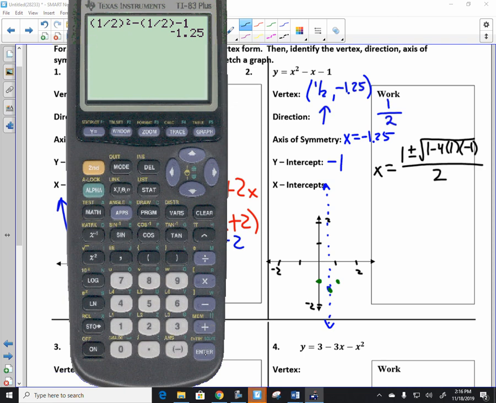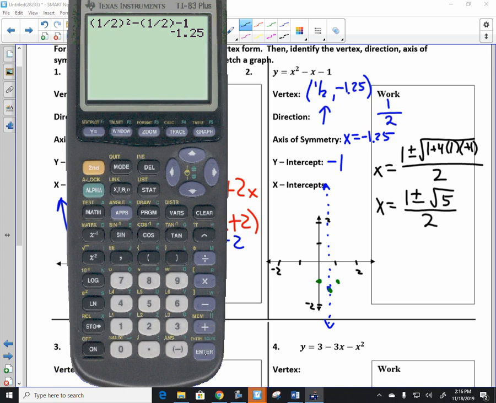How many negatives do we have underneath the square root? So therefore, it makes a plus sign. So x equals 1 plus or minus what? Square root of 5 over 2.